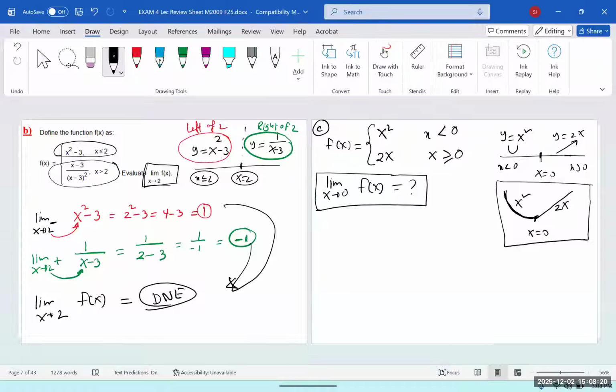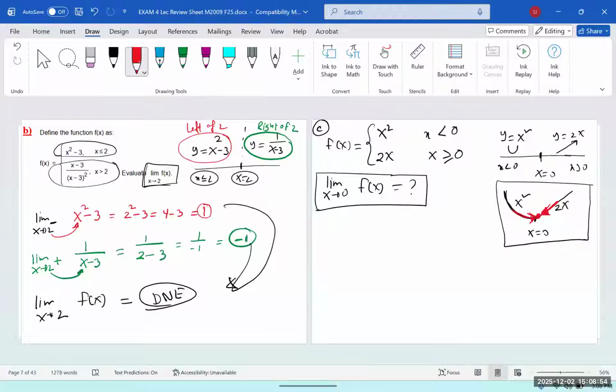So when you go x equals 0, you have to look at it from the left side, and you also have to look at it from the right side of 0, and see what y value you get when you go to 0 from the left side and when you go to 0 from the right side. That's the main thing here. What's the y value you get when you walk from the left and when you walk from the right? So that's why I need to look at both directions.